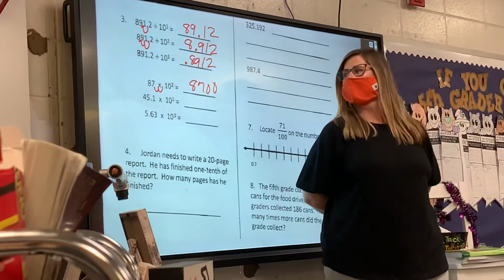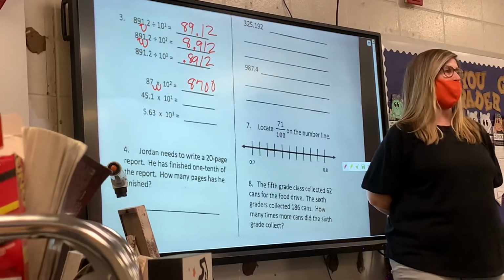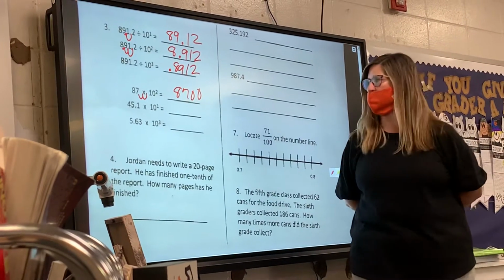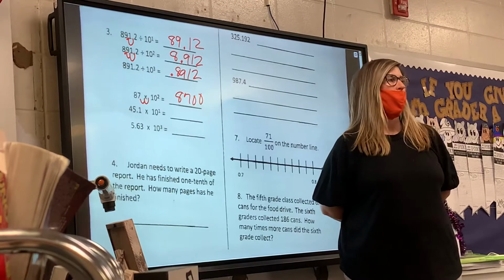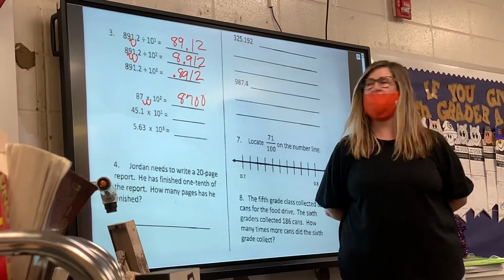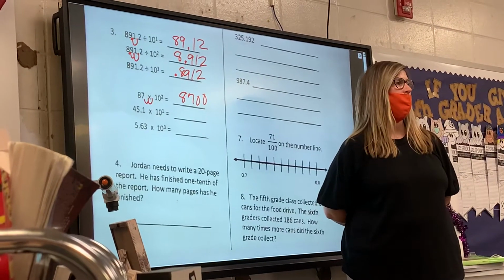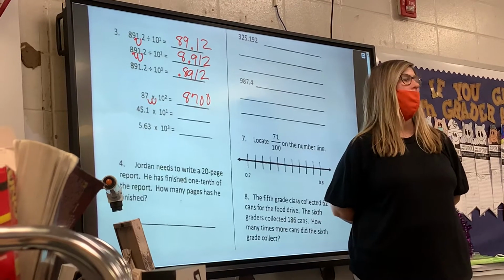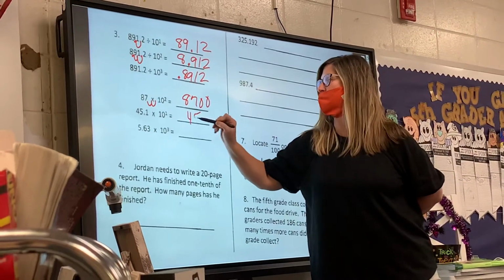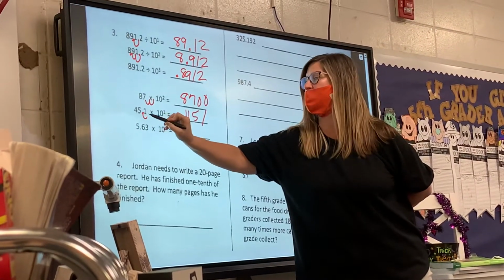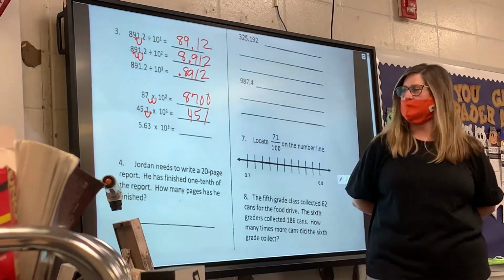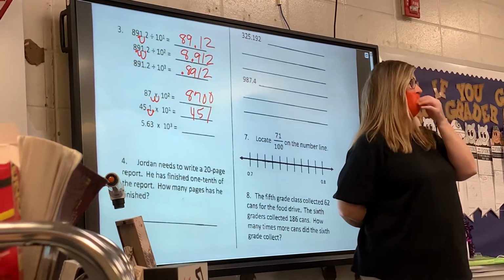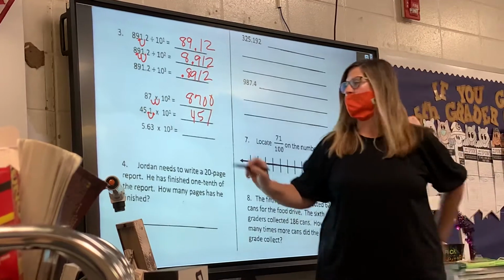All right, times 10 to the first power. Diaz, what did you get? I'm going to move it 1 time. Beautiful, 451. I'll move that decimal from here to here. All right, times 10 to the third power. What'd you get, Gabby?